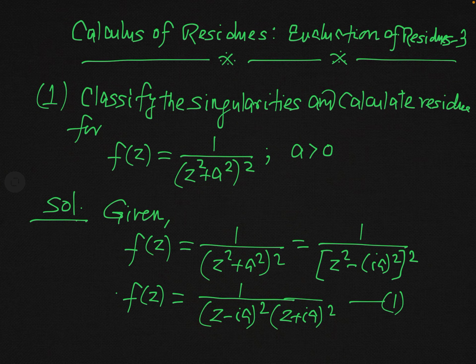Now applying the formula a squared minus b squared, we can write this expression as 1 over (z minus ia) whole squared into (z plus ia) whole squared. So the denominator is (z minus ia) squared into (z plus ia) squared.